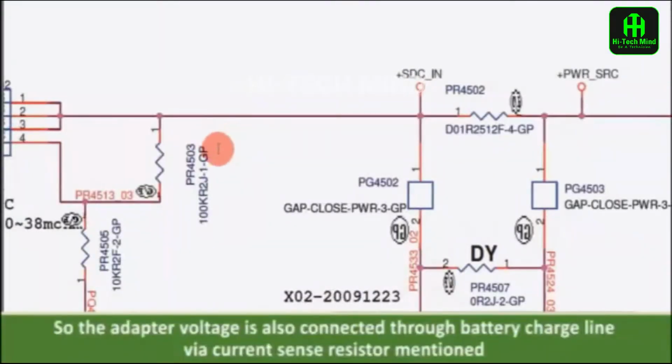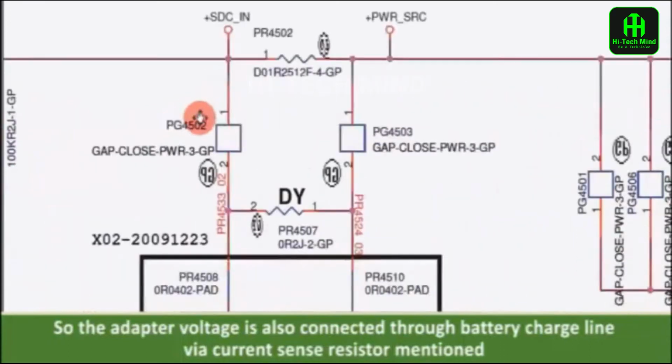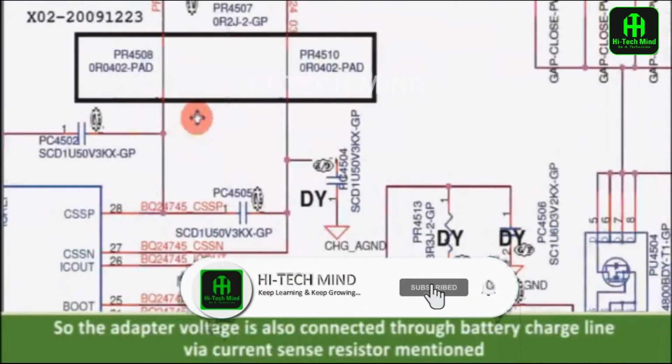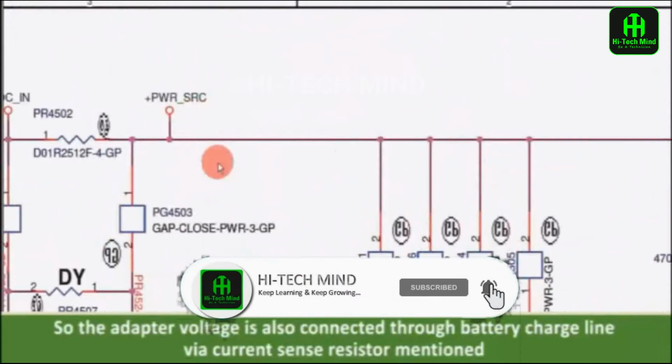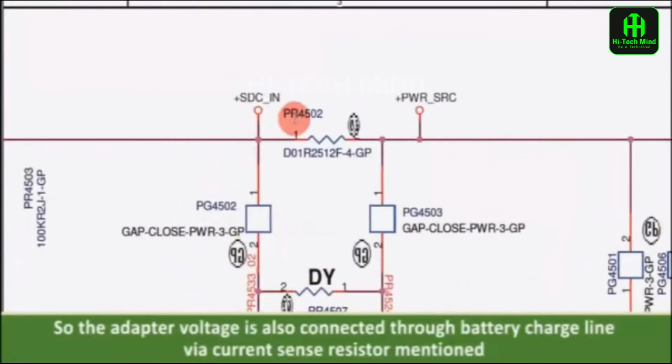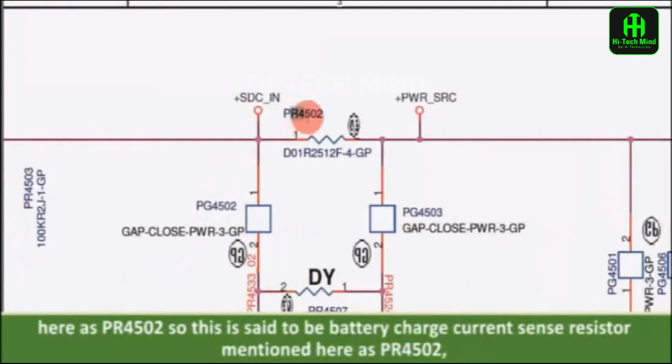So the adapter voltage is also connected to the battery charge line via a current sense resistor, marked here as PR4502.